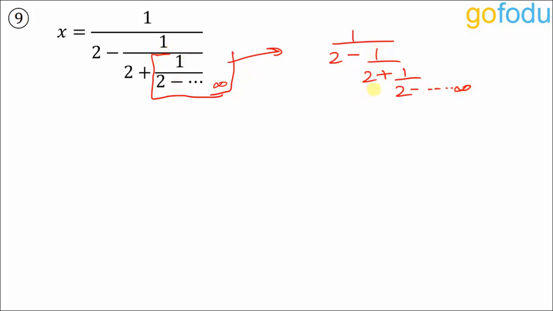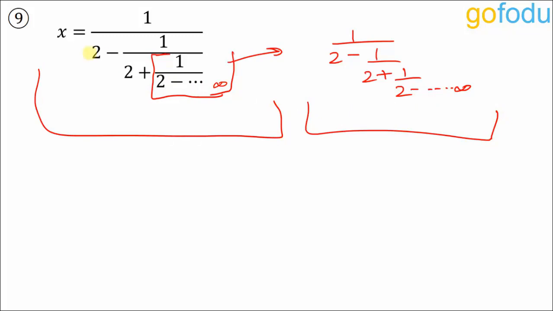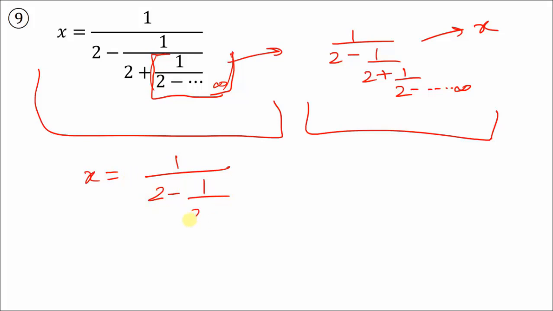And if you look carefully, if you compare this whole part and what I have written here, you can see this is nothing but x that I have written here. So I can replace this whole bracket with x. So x will be simplified as 1 upon 2 minus 1 upon 2 plus x. This whole part could be replaced by x.